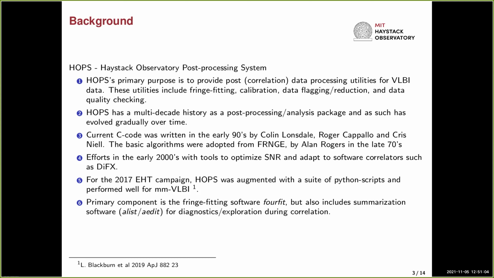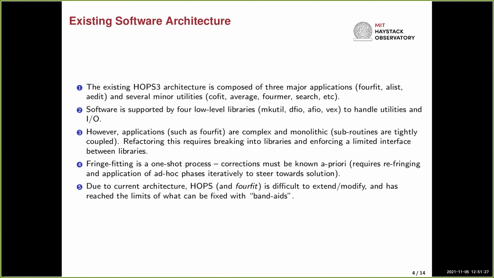HOPS is a collection of programs, but its primary mainstay, I guess, is the fringe fitting software fourfit. But it also includes other data summarization executables like alist and fplot for diagnostics that are heavily used during the correlation process itself.